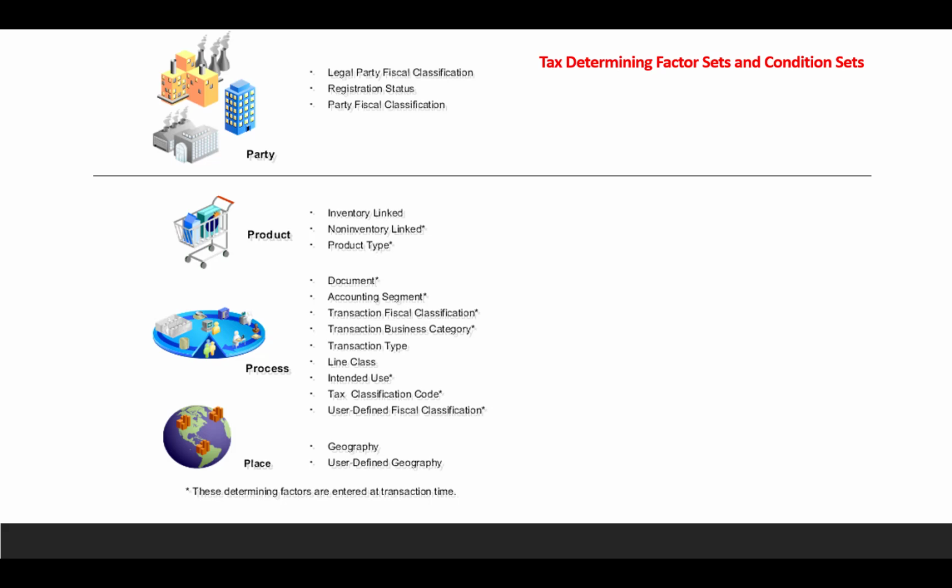The process has a lot of things: transaction type, line class, transaction or tax classification code, accounting segment, transaction physical classification, categories, all of this. The place is geography or user-defined geography. The determining factors are entered at transaction time.